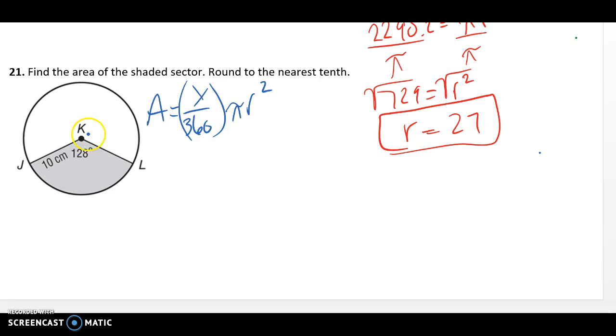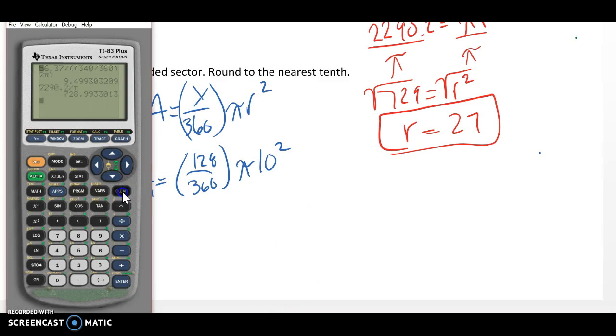We're given our x, our central angle measure. We're given our radius. It's 10 centimeters. So then all we have to do is plug it in. So 128 over 360 times pi times 10 squared. And we can put this in our calculator just like this, to not make any mistakes.